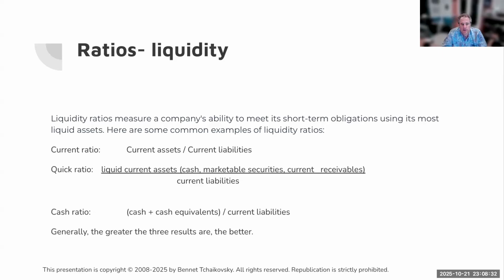These liquidity ratios help us measure a company's ability to meet its short-term obligations using its most liquid assets. Common examples are the current ratio, current assets divided by current liabilities; the quick ratio, cash, marketable securities, and current receivables divided by current liabilities; and lastly, by far the most liquid of all, cash and cash equivalents divided by current liabilities.